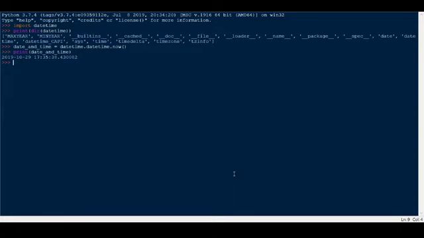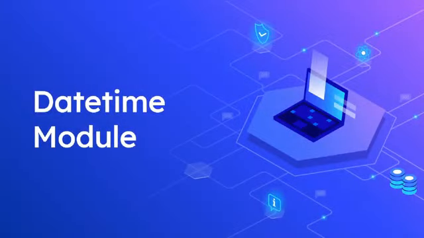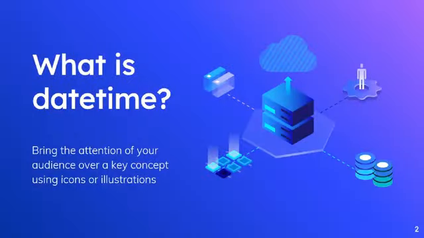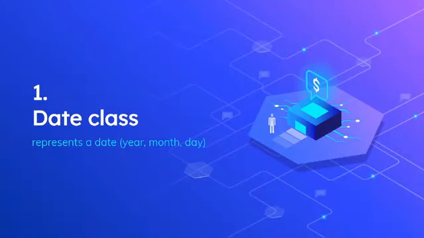This code will output the current time: 2019, 10, 29, 17 hours 35 minutes 38 seconds and microseconds. The most common classes in the datetime module are the date class, time class, datetime class, and timedelta class.